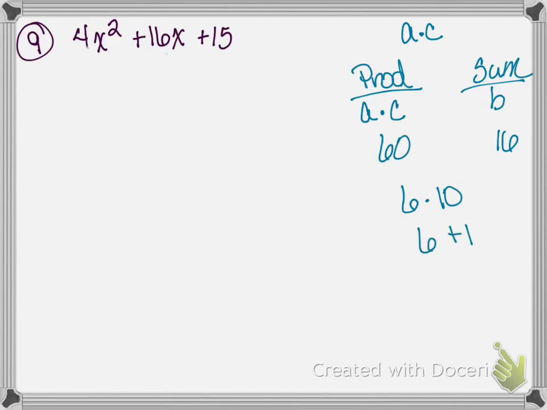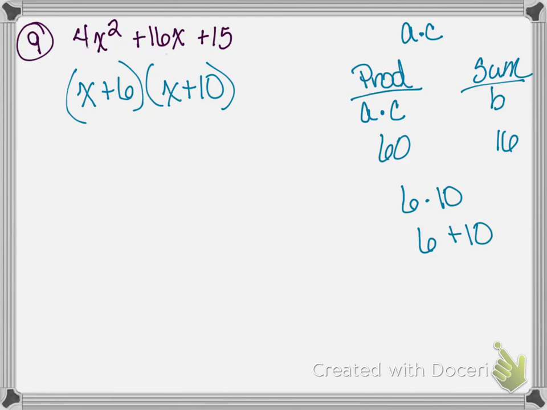Now, what students want to do at this point, and this is where all mistakes are made in this type of problem, is they say x plus 6, x plus 10. Because that's how we did it when x was with a 1. That is wrong. X plus 6 times x plus 10 is wrong.